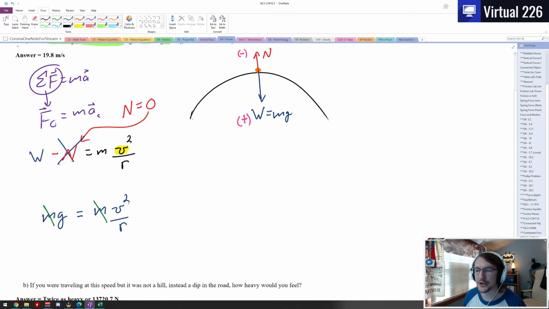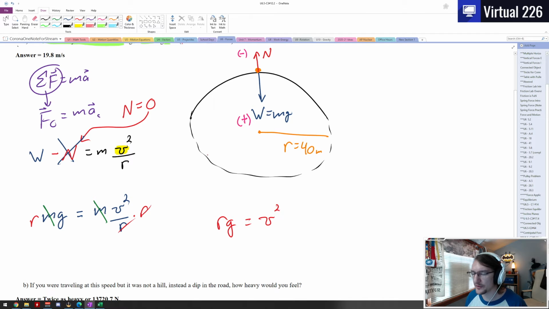If we were to continue this circle around, that kind of looks like a bad circle. What's the actual radius here? If we go from the center out, our radius is approximated as 40 meters, and that's all that matters. If we solve for v, we multiply each side by r, so rg equals v squared.